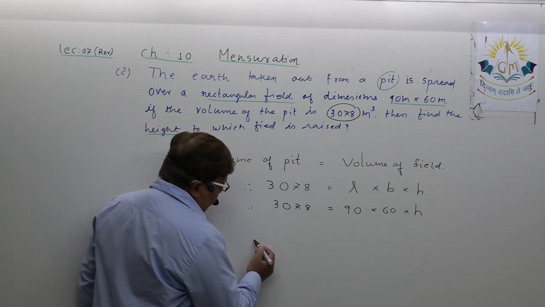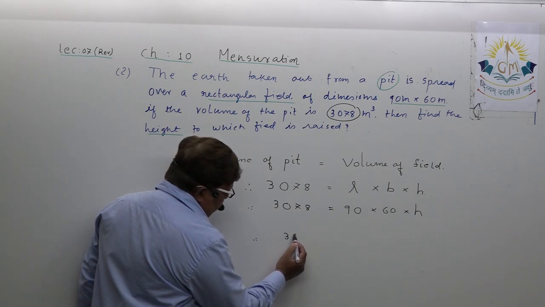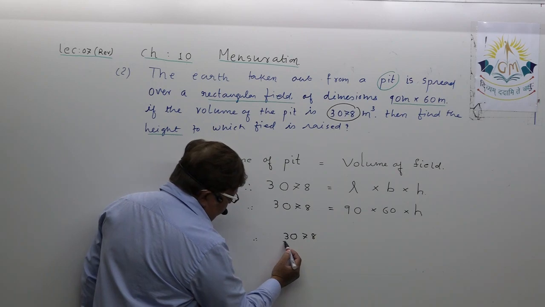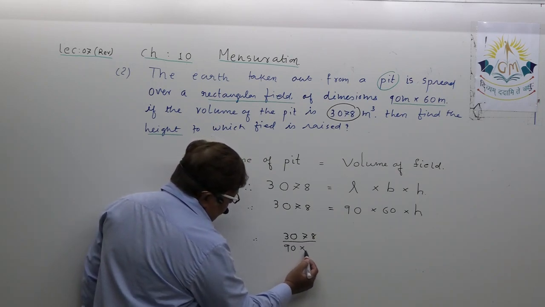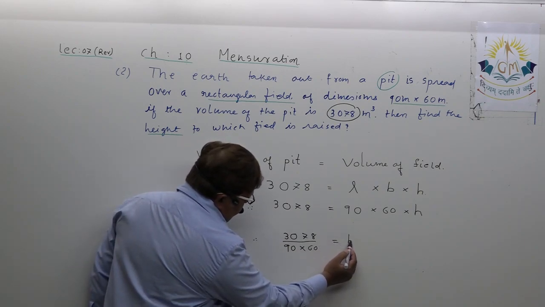Next step, dear student, just a question of transferring both the terms here: 3078 upon 90 into 60 equals to h.